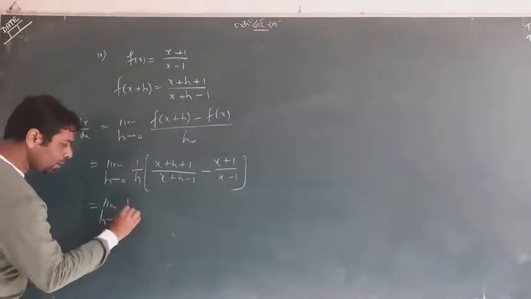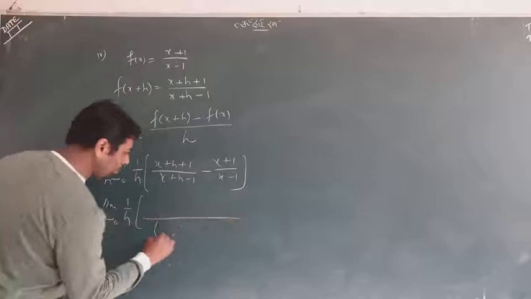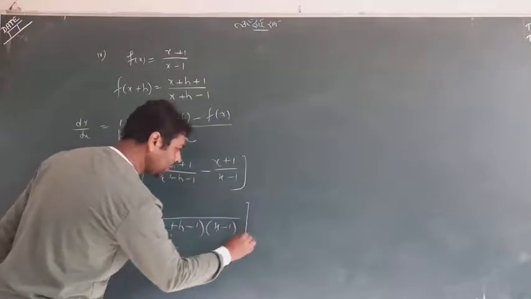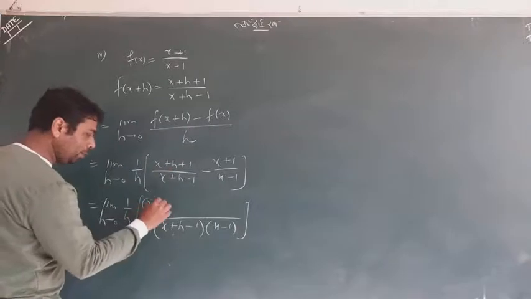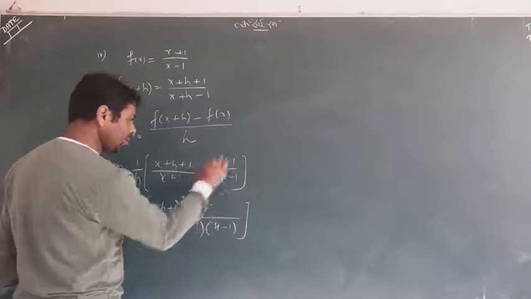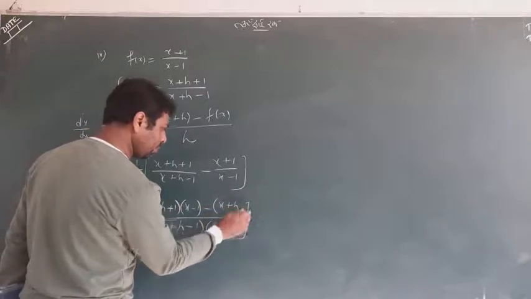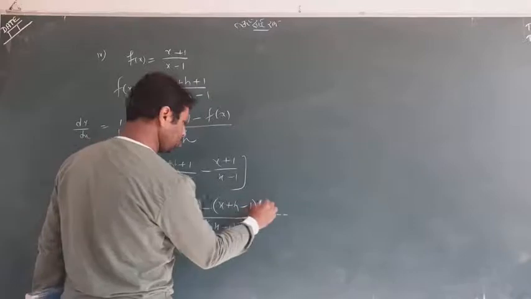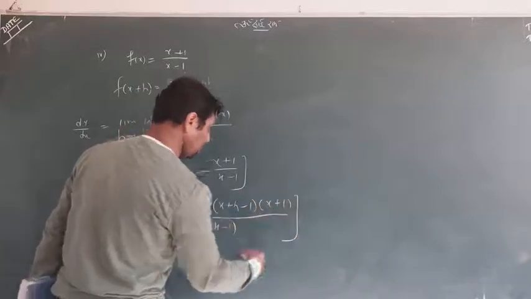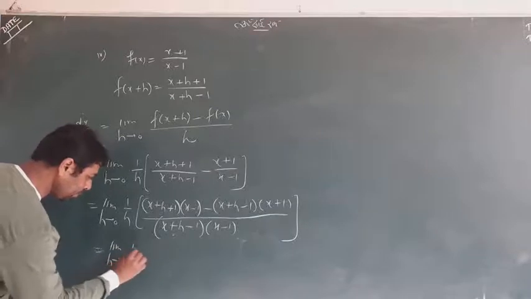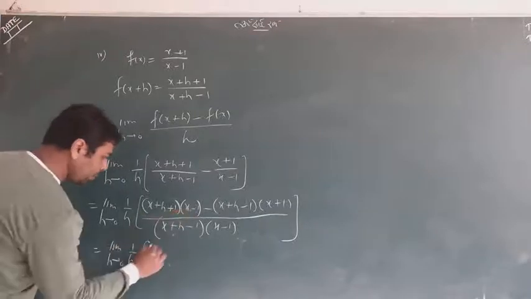When we take an LCM, we have two terms like that. These two will multiply each other, and these two will multiply each other. Now, after multiplying, what do we get?